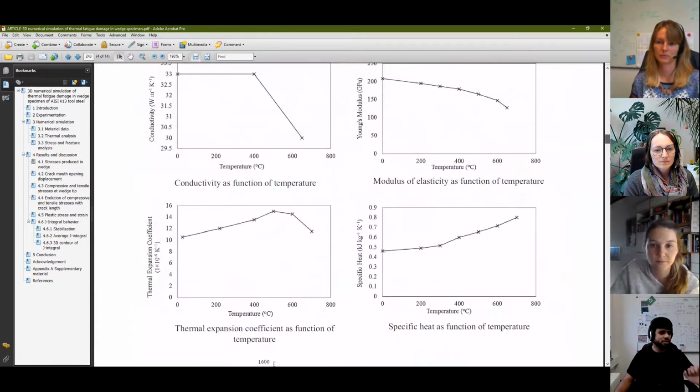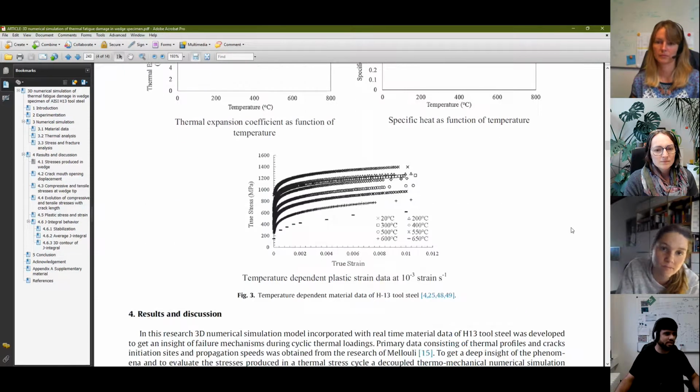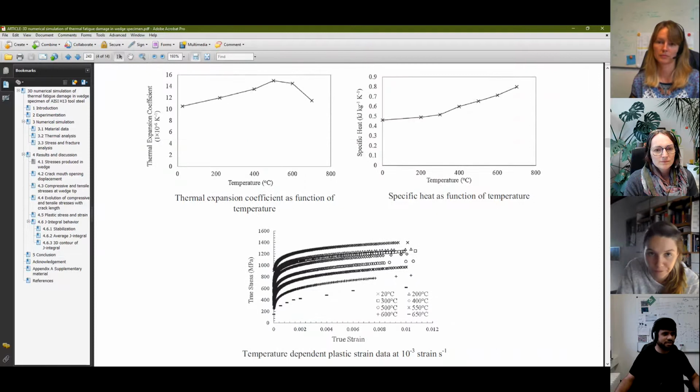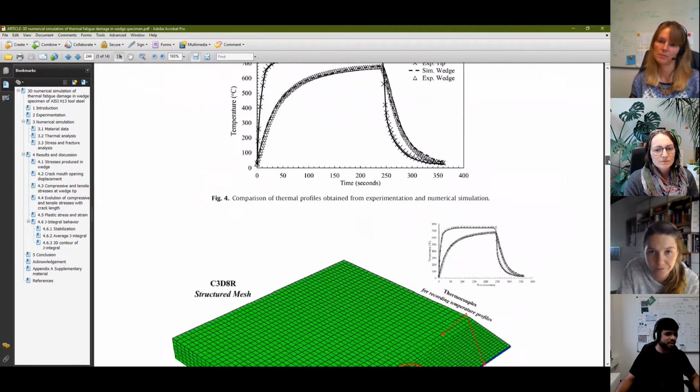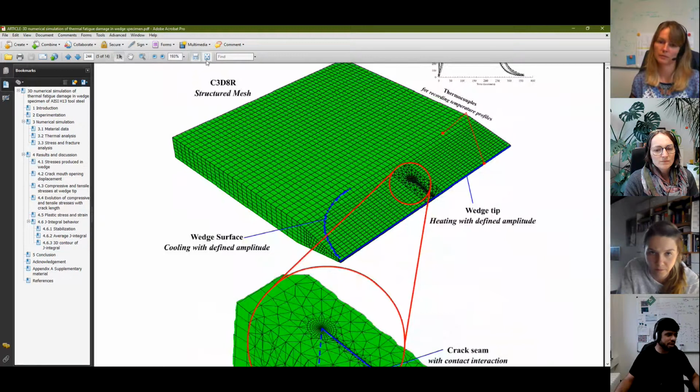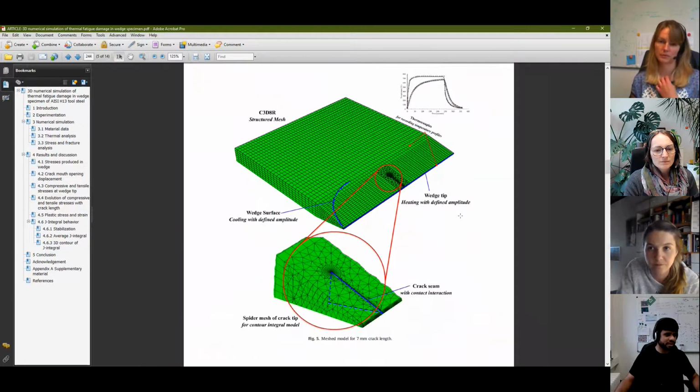This is how I would usually present data in the past. These are all different graphs for different material properties, given in different subplots. And then this was the figure which we had to construct to make sure that the message gets through.